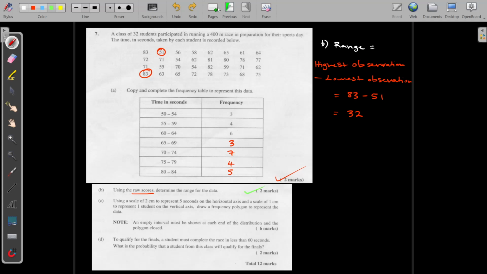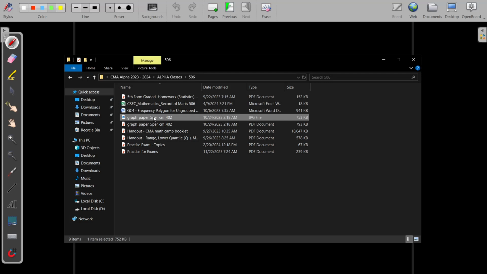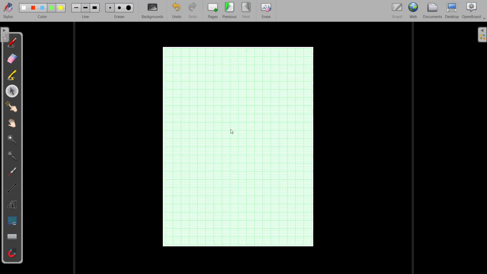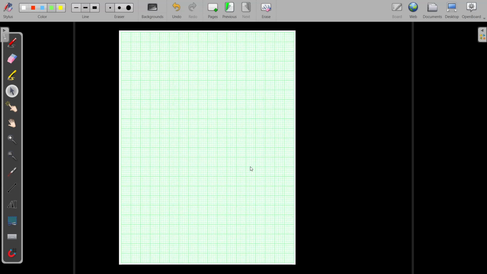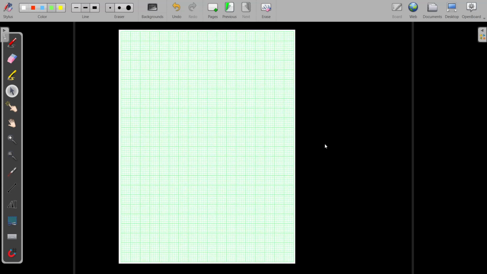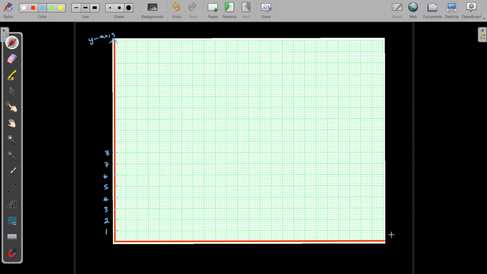Alright, so let me get a graph paper. Alright, so they said 2 centimeters, 5 seconds on the x-axis, 1 centimeter, 1 student on the y-axis. That's our x-axis. That's where 0 is at.